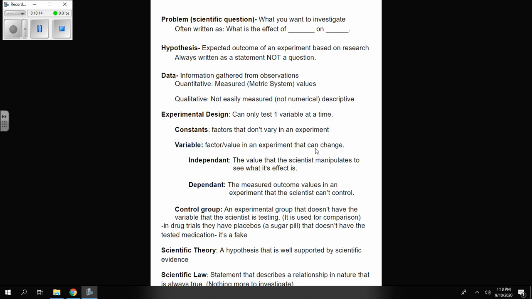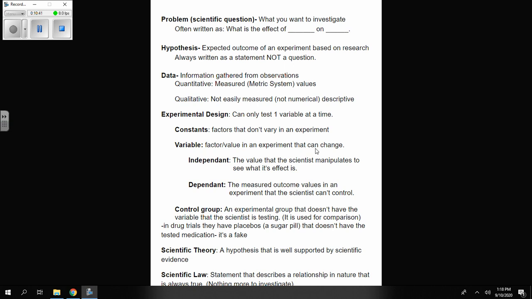So let me give you an example. If I fertilize my tomatoes, then they will increase in growth. Okay, so I'm testing one variable, fertilizer present or not fertilizer. Okay, I have two pots, same size pot, same soil, same water, same sunlight, same plant, same size of plant. Pot A gets no fertilizer.